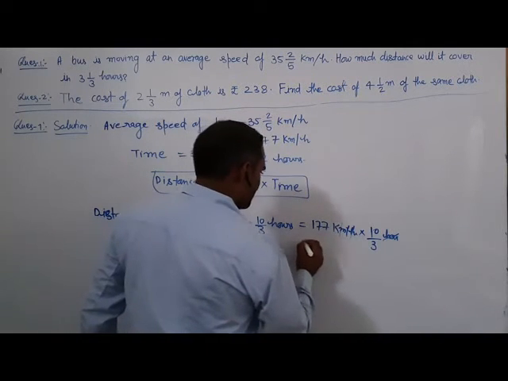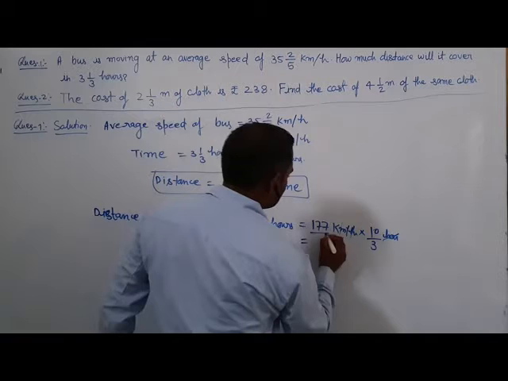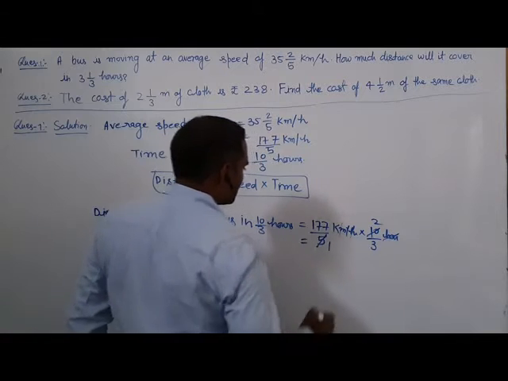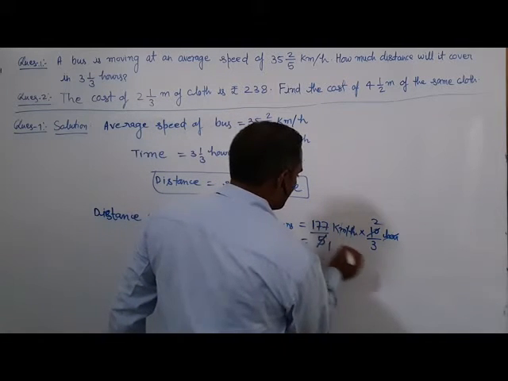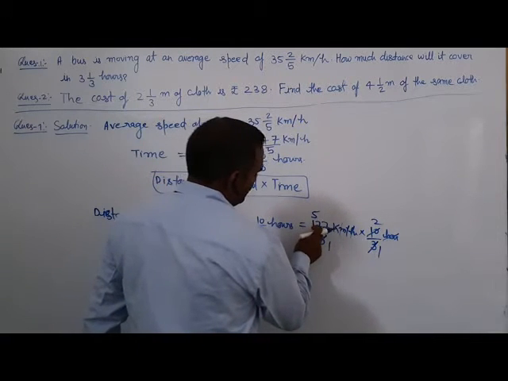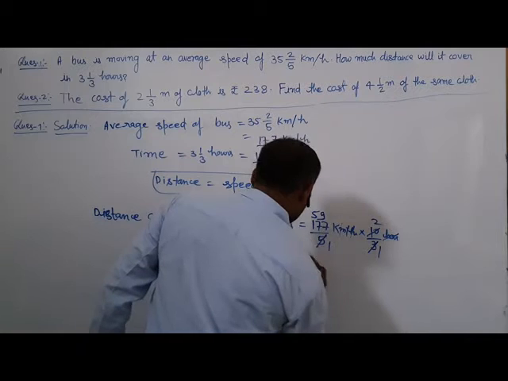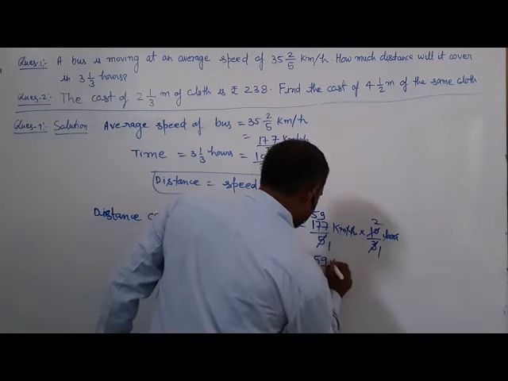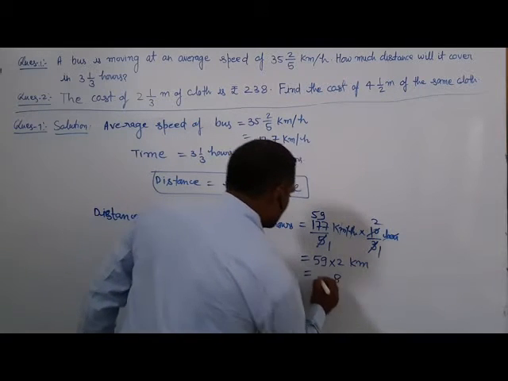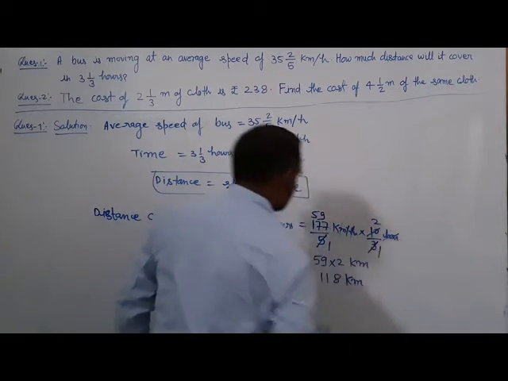Hours will be cancelled, and 177 by 5. 5 on the 5, 5 on the 10 gives 2. 3 and 177 both are divisible by 3. 3 on the 3 is 1, 3 on the 177 is 59. So 59 into 2 is 118 kilometer.